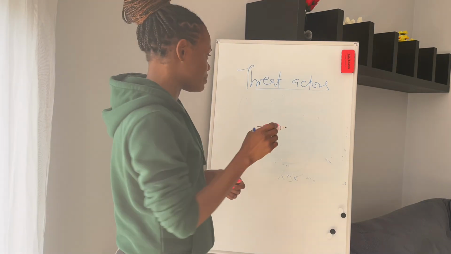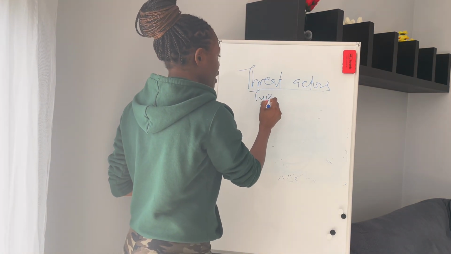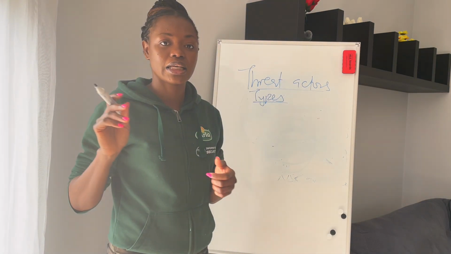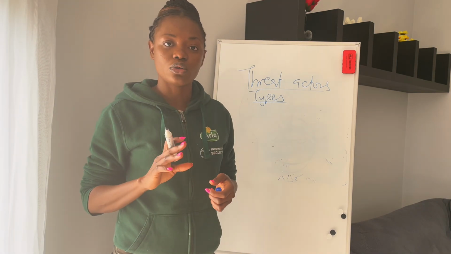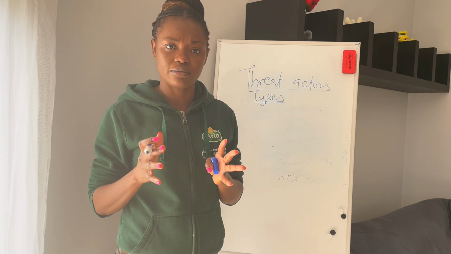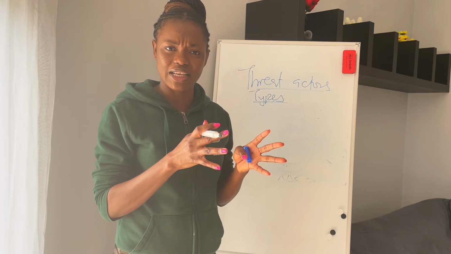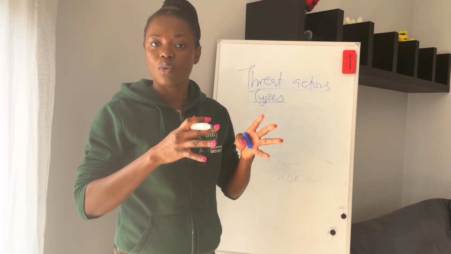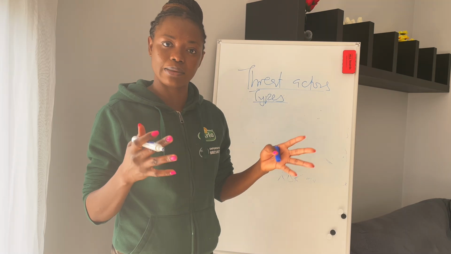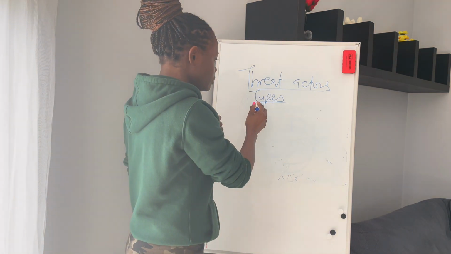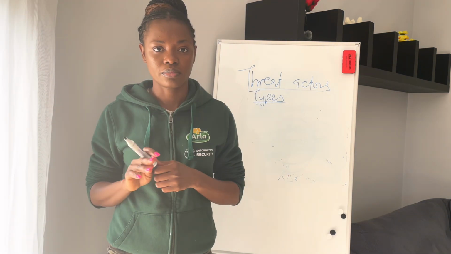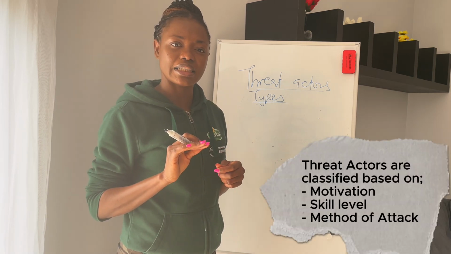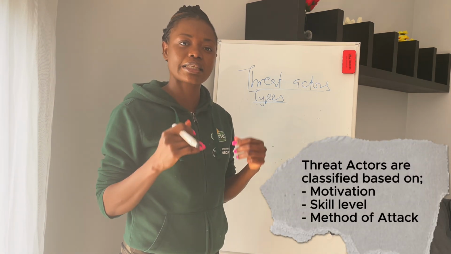Now we have different types of threat actors. I mentioned that these types are based on their motivation. What is their motive? Why are they trying to attack an organization? Why are they trying to attack a bank? Why are they trying to attack a system, a procedure? Their motivation. And the number two thing is that we also classify them based on their skill level.